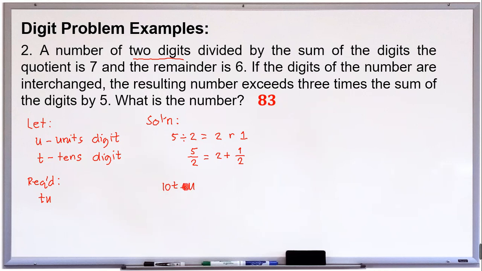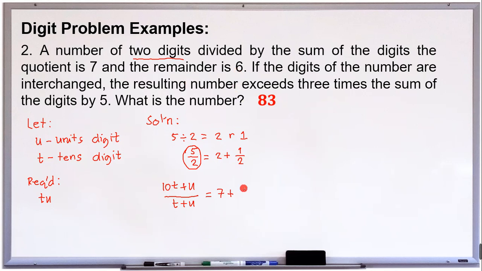And then from sentence number 1, we are going to divide the number by the sum of the digits, so the sum of the digits is t plus u. And then the quotient, so equals the quotient, which is 7, plus the remainder, which is 6.